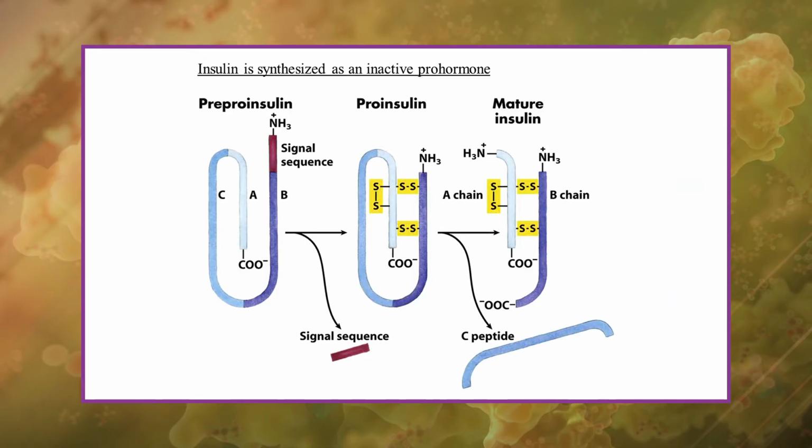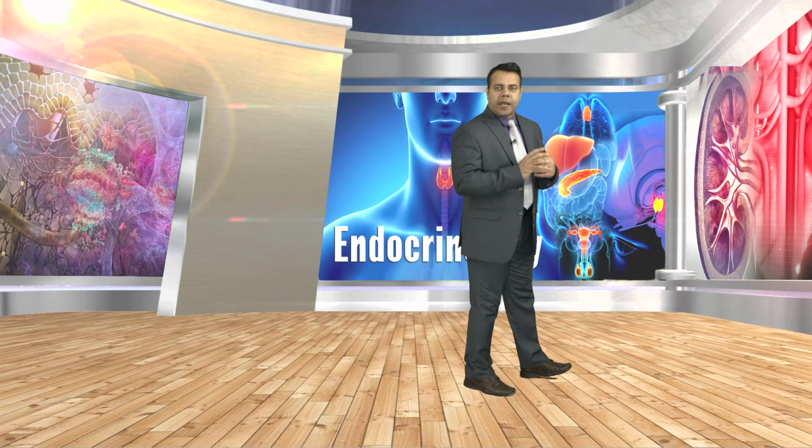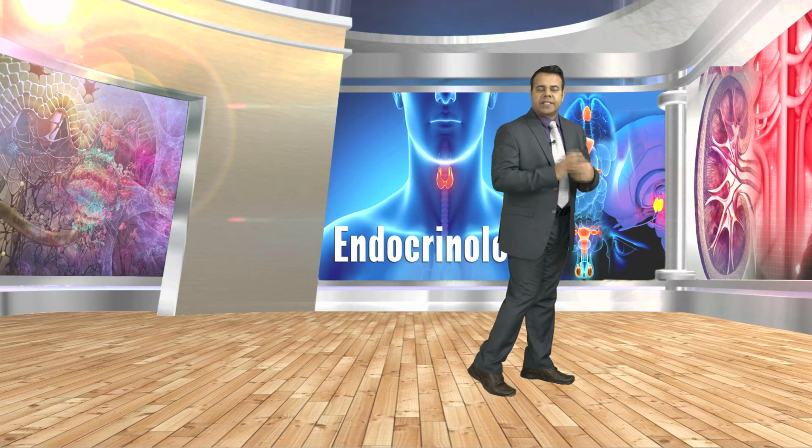They are usually synthesized first as larger proteins that are not biologically active, as preprohormones, and are cleaved to form smaller prohormones in the endoplasmic reticulum. These are then transferred to the Golgi apparatus for packaging into secretory vesicles.